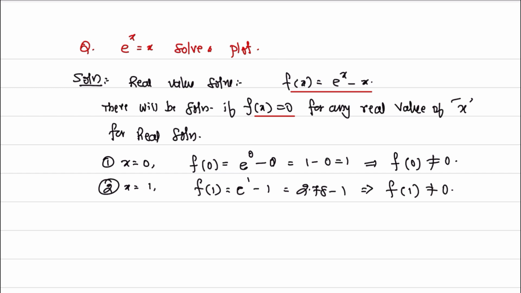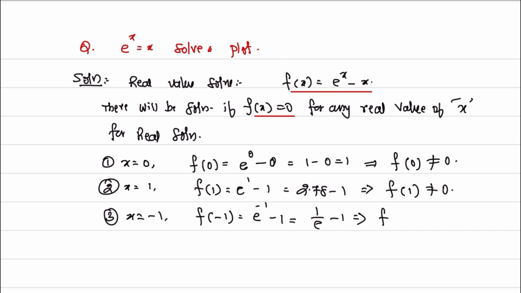Now let us go for x is equal to minus 1. What will be function minus 1? That is e to the power of minus 1 minus 1. What is e to the power of minus 1? It is 1 by e minus 1. 1 by e is 1 by 2.78, which is approximately 0.33 or 0.34. 0.34 minus 1 is a negative value.